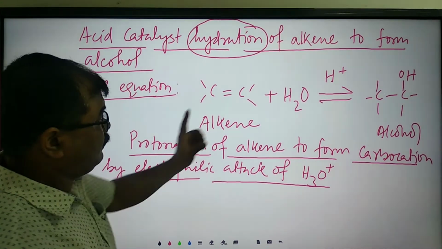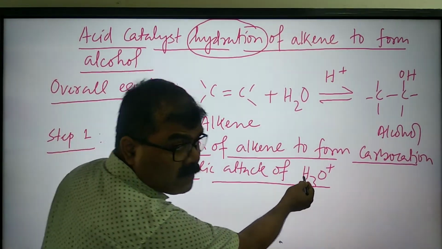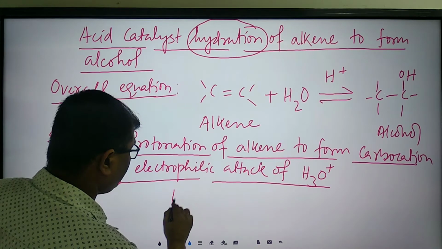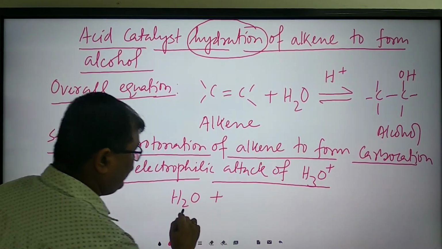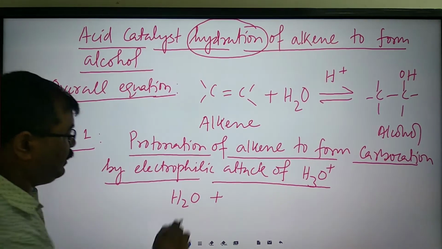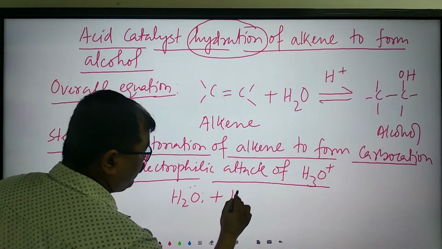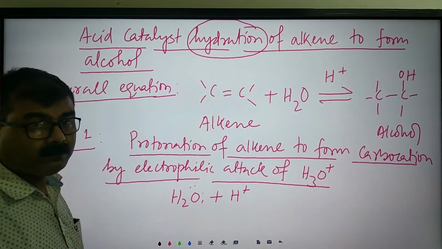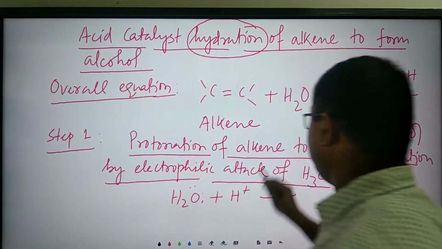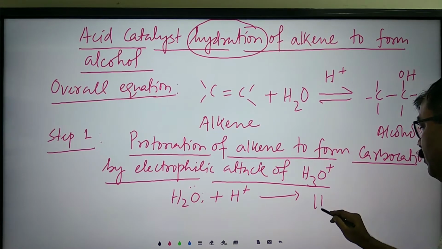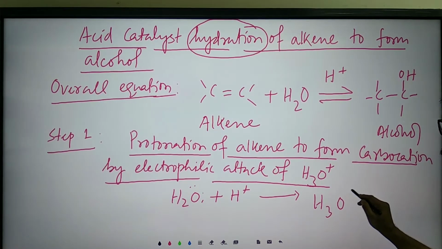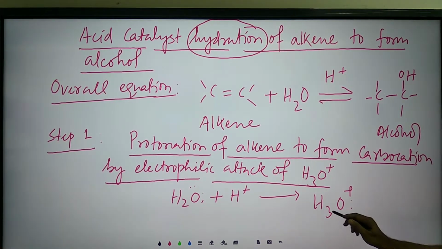So first of all, we have to show the formation of hydronium ion. Here, water is a weak base. It will take a proton because it is an acid catalyst. Here it will take a proton to form hydronium ion. This is hydronium ion.